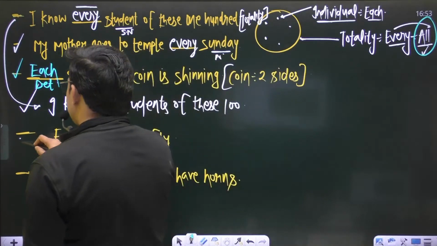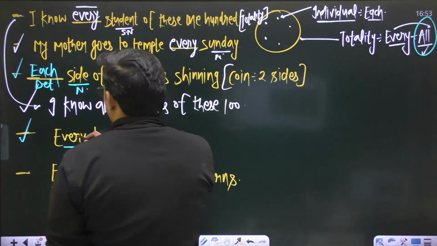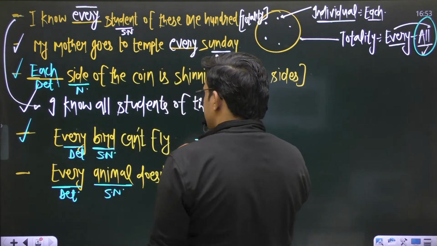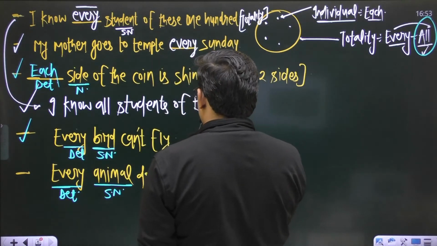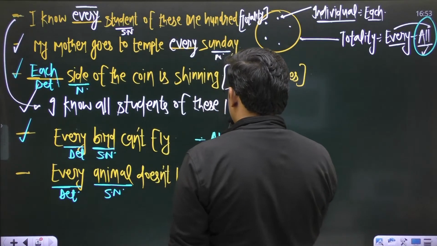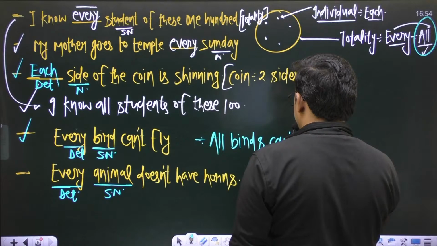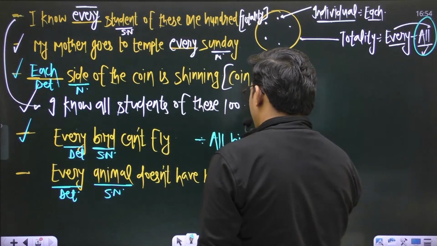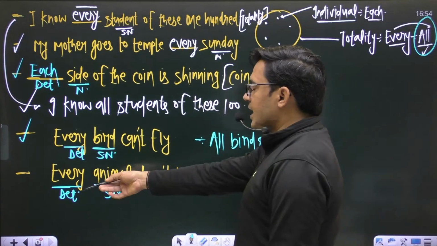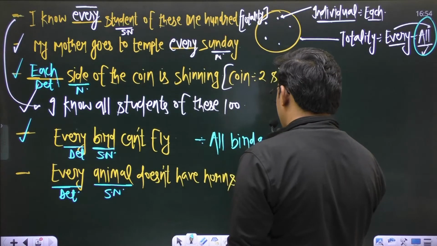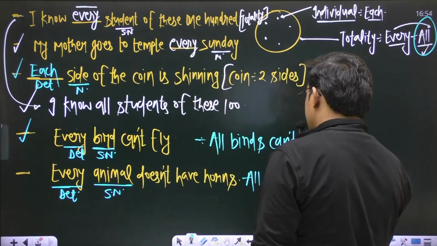So if you just apply it in the sentence, in place of every, if you apply all, the sense of the sentence will be like all birds can't fly. और इस सेंटेंस को यदि आप एवरी के प्लेस पे ऑल को कैरी करते हैं तो ये सेंटेंस क्या हो जाएगा?